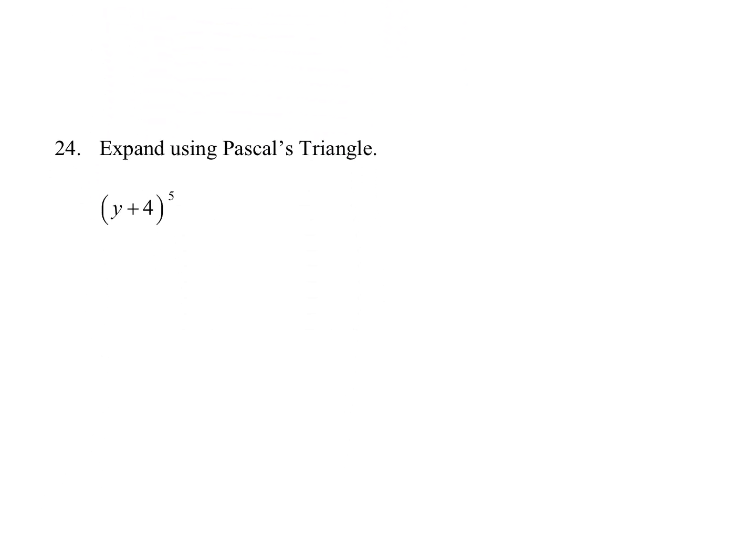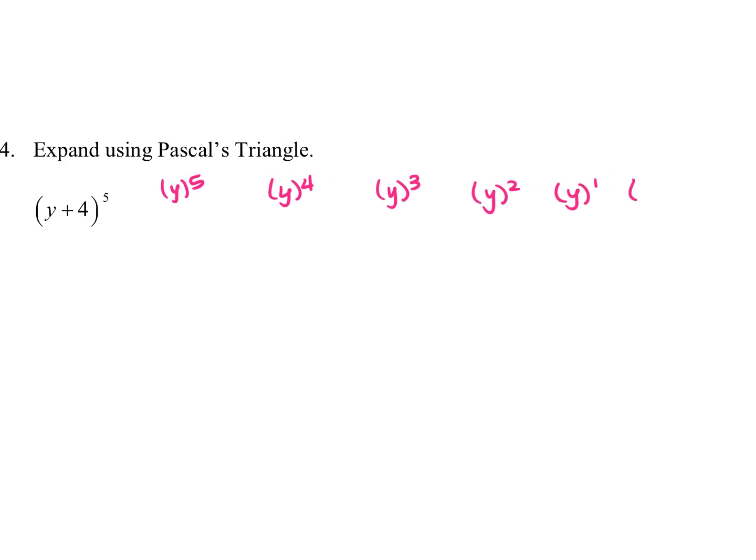For number 39 in your review, you're using Pascal's triangle to expand this. We have y plus 4 to the 5th power. So we're going to start with y to the 5th, y to the 4th, y to the 3rd, y squared, y to the 1st, and y to the power of 0.